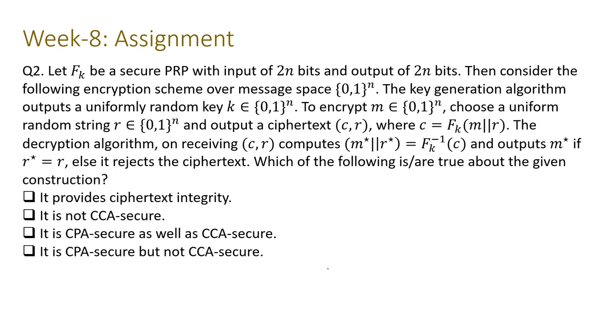To encrypt m belonging to {0,1}^n, choose a uniform random string r, again from {0,1}^n, and output a ciphertext (c, r), where c is equal to Fk(m || r). The decryption algorithm, on receiving (c, r), computes m* || r* as Fk inverse of c, and outputs m* if r* is equal to r, else it rejects the ciphertext.